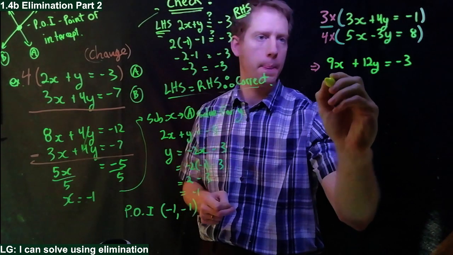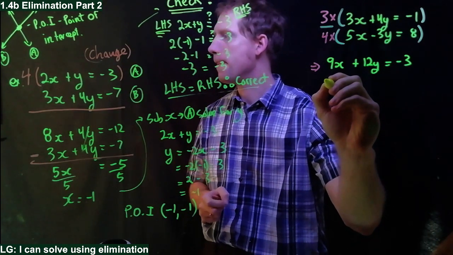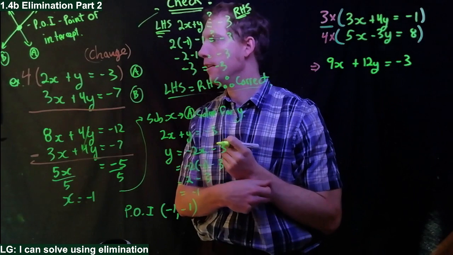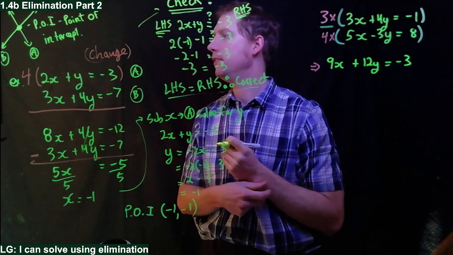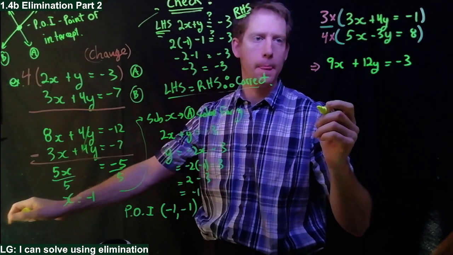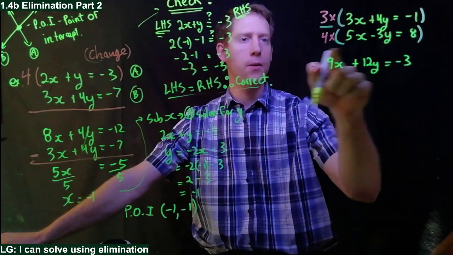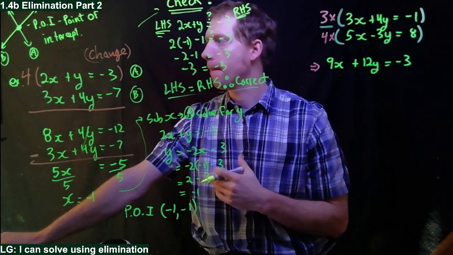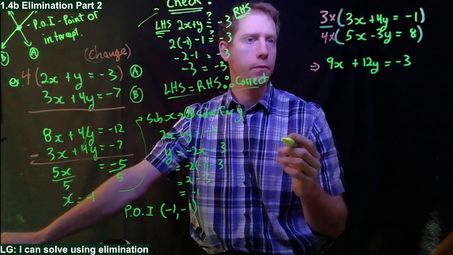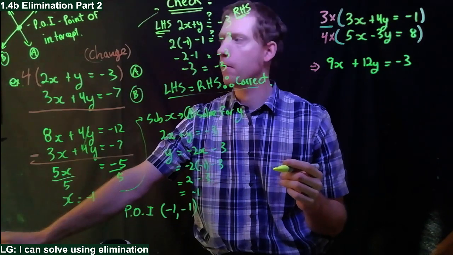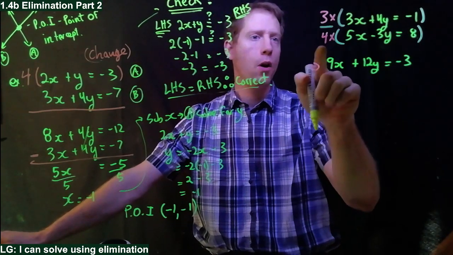Nick? Hello, Nick, can you hear me? You're not here? No, what? You're not listening. What is the bottom equation? 4 times 5.